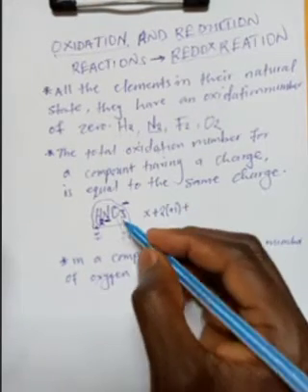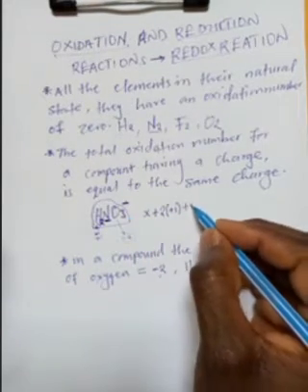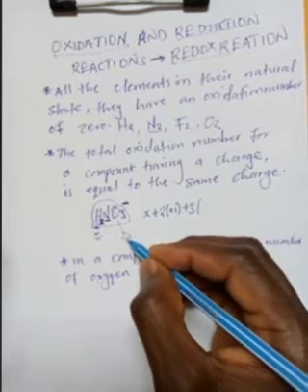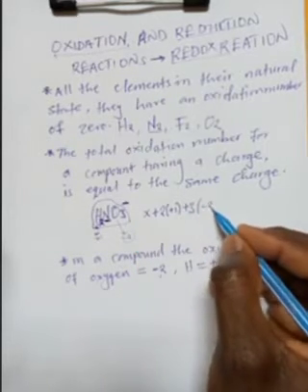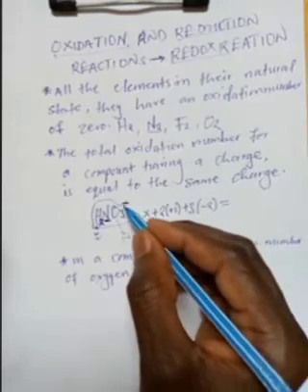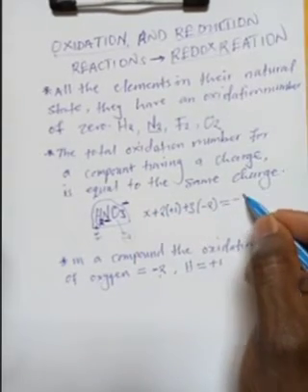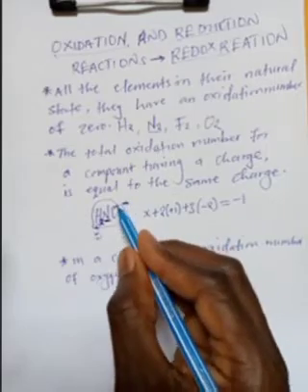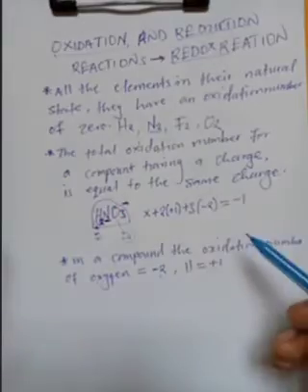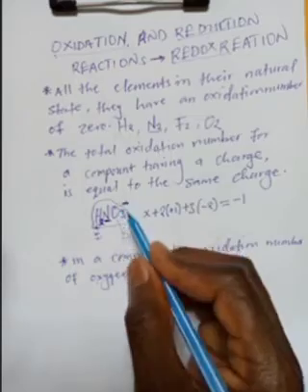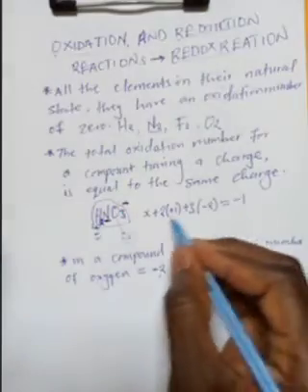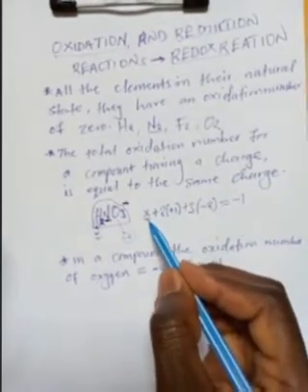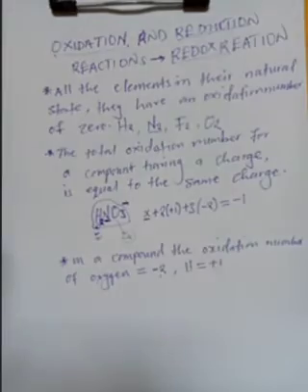Plus, how many do we have for oxygen? We have 3 oxygen atoms multiplied by negative 2. Then you equate everything to the number which is here. This is one and the same as negative 1. If we had negative 3 here, or we write 3 negative, you have to equate everything to negative 3. So if you add, you're going to get the oxidation number for this one.